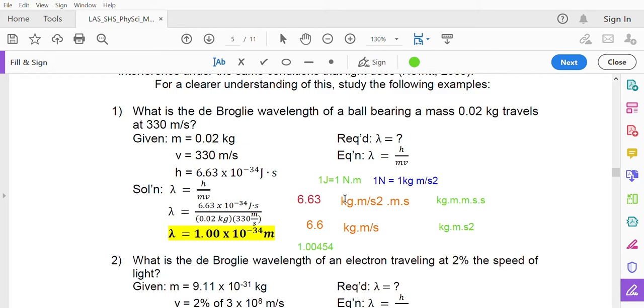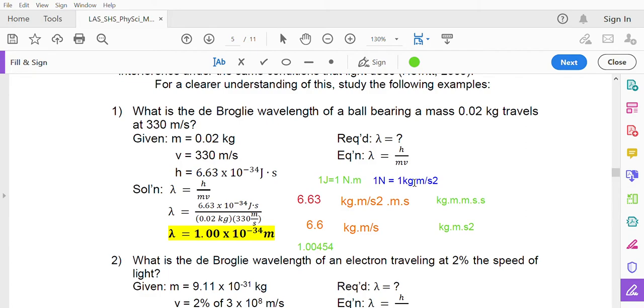So, let me show you. Here we have joules. 1 joule is equal to 1 Newton meter. And 1 Newton meter is equal to 1 kilogram meter per second squared. So the joule can be represented with Newton and then meter.